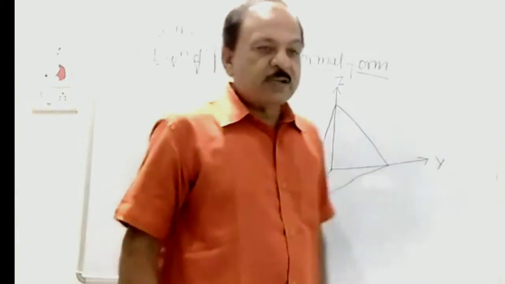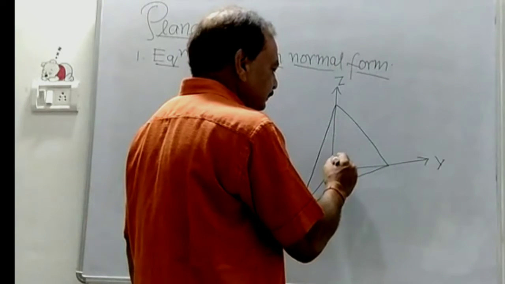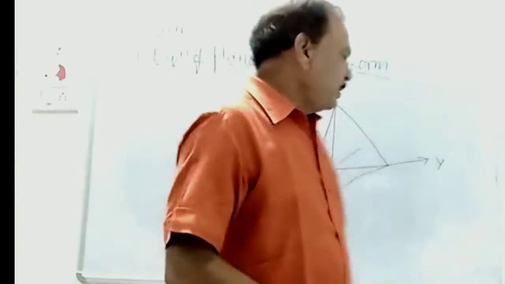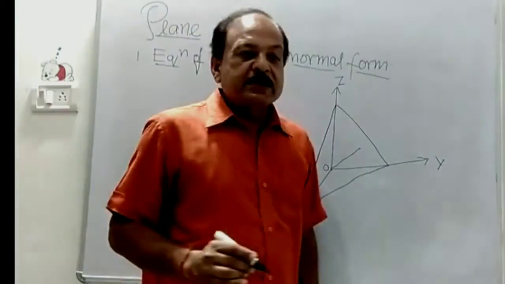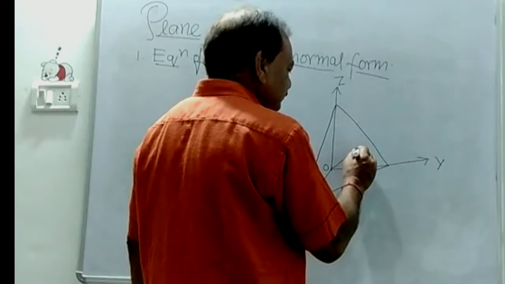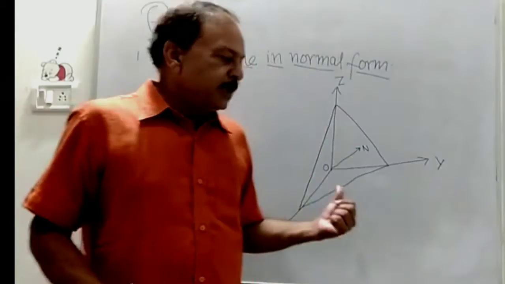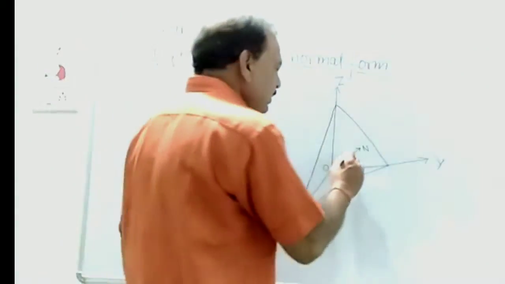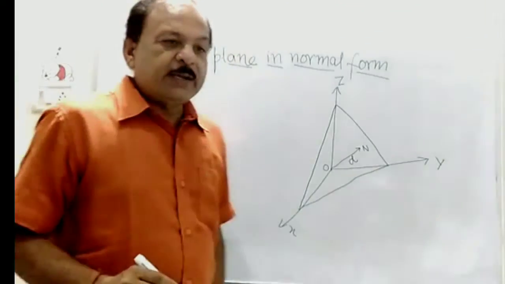Let this be the plane, and the distance d from the origin to the plane is given. ON is the normal to the plane, and the distance of the plane from the origin is given. Let this be d.